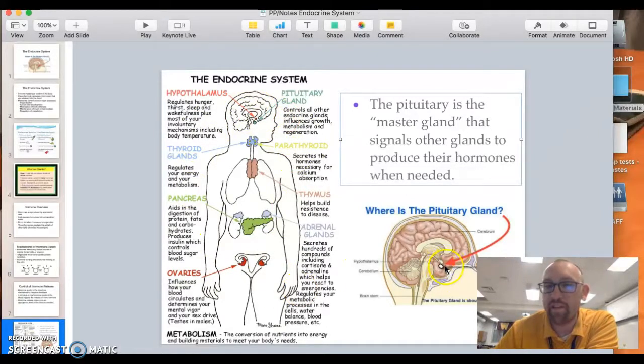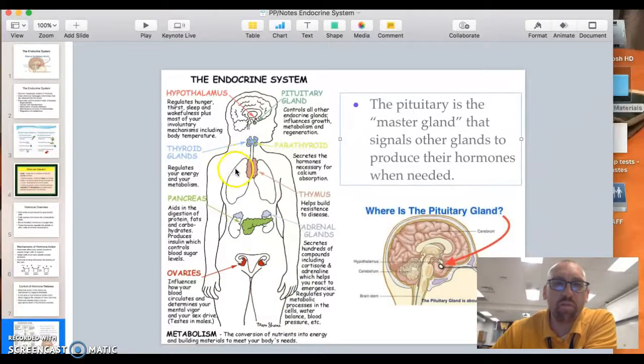So it's kind of like the CEO or boss of the company, which is going to tell all the other glands, which might be like managers, what to do in their departments. If it has to do with growth and development, the brain tells the pituitary gland that you need to release more, let's say testosterone, and then it will release hormones that travel through the bloodstream down to the cells that do that, and then they'll trigger those cells to release more testosterone.